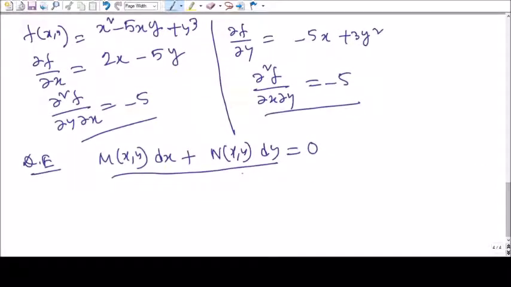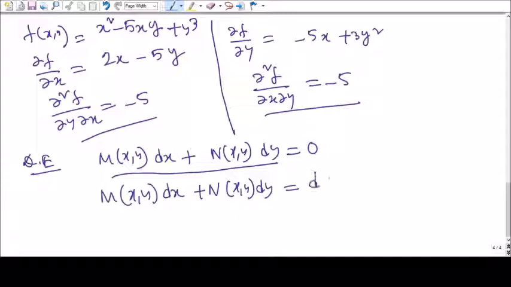If it is an exact differential, then there exists a function f of x, y such that M dx plus N dy is the differential of f.